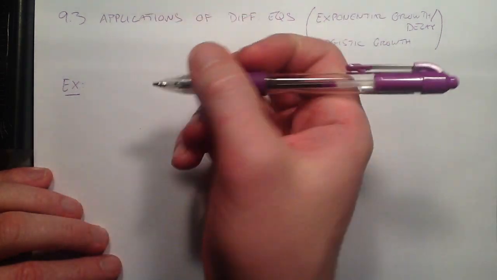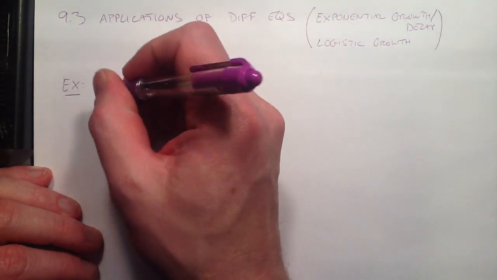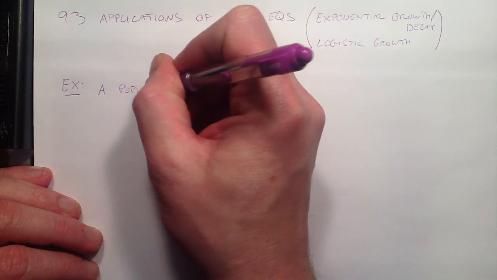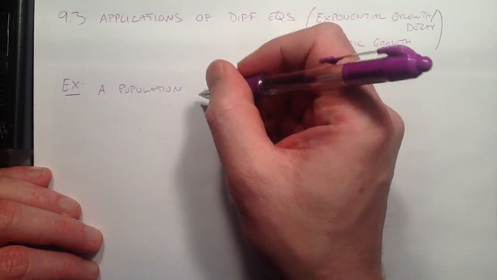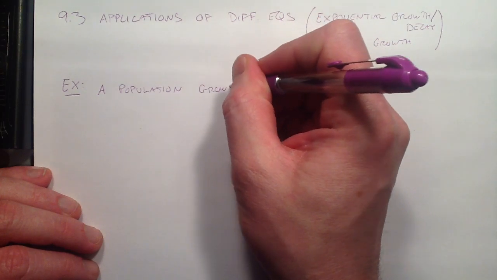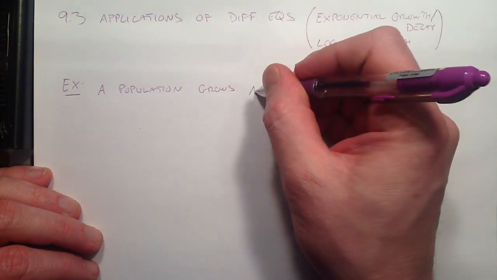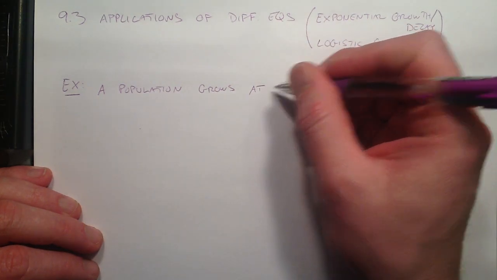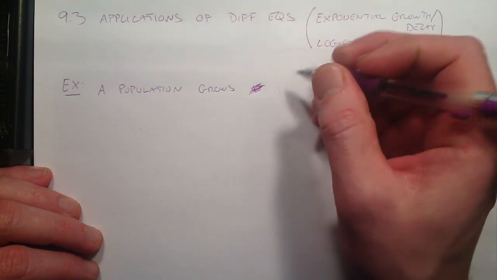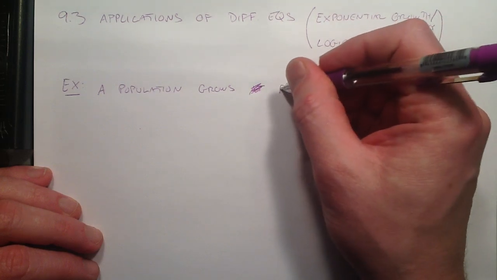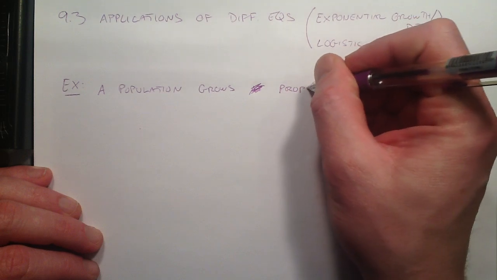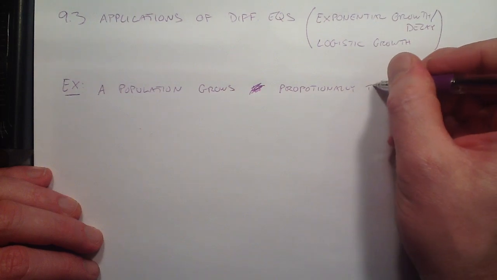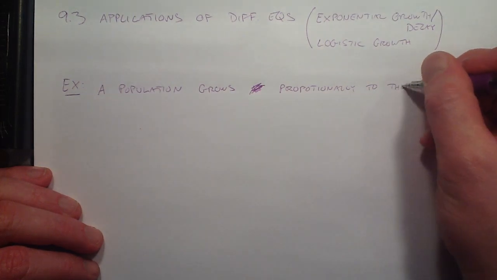Let's start with this. Let's say we're given this situation. A population grows proportionally to the actual population.